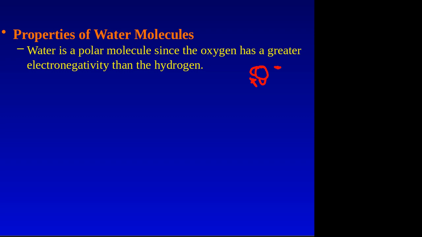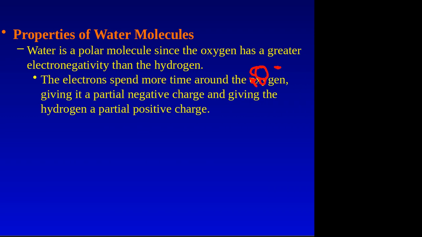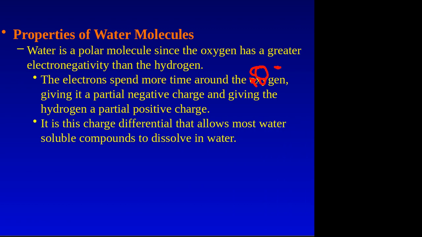We're good. So we say this is polar because there is a noticeable difference in electric charge. The electrons spend more time around the oxygen, giving the oxygen side a negative charge, and the hydrogen side has a positive charge.